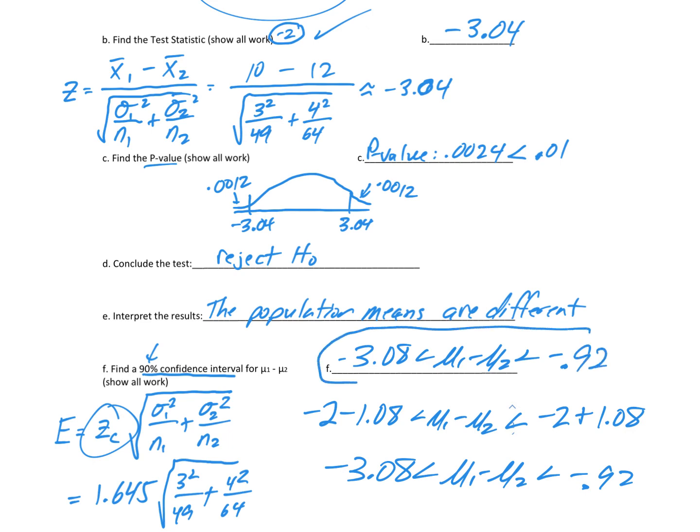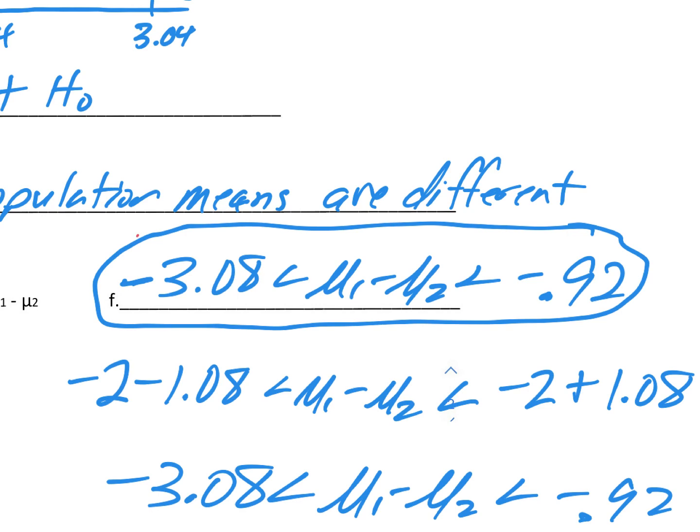So if we look at this guy carefully, and we're going to talk about it a little bit here, if you see that both are negative, that means that mu2 is always going to be larger. Okay, remember the one we did before? We had one negative and one positive. You don't know about mu1 and mu2. Let's talk about if they were both positive.